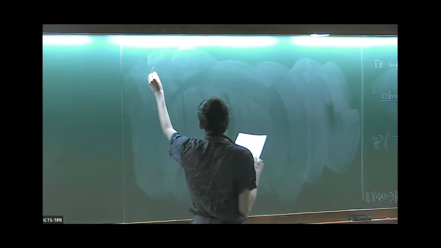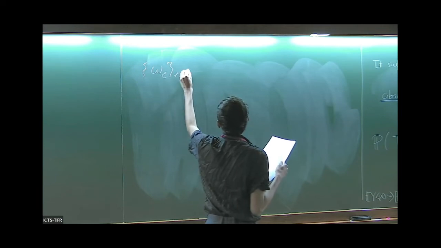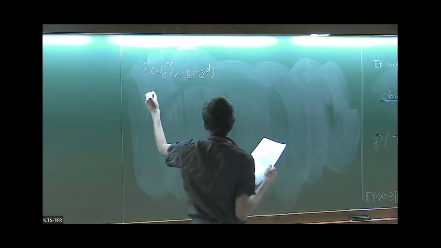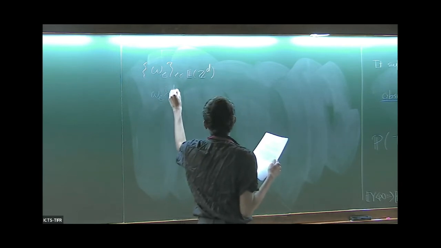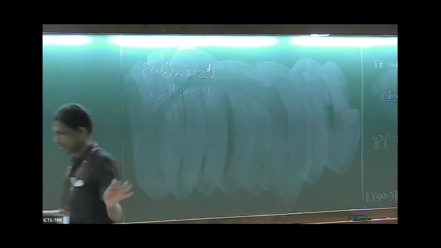Again, I have the same underlying graph. But now my edge variables are IID Bernoulli. So instead of putting non-negative weights, I put 0, 1 weights.